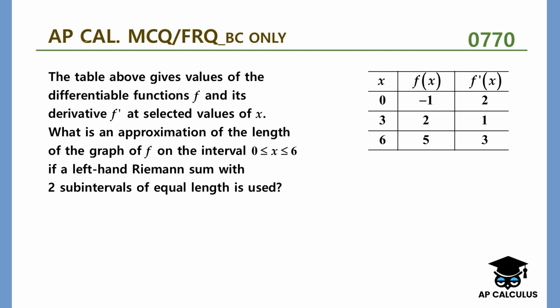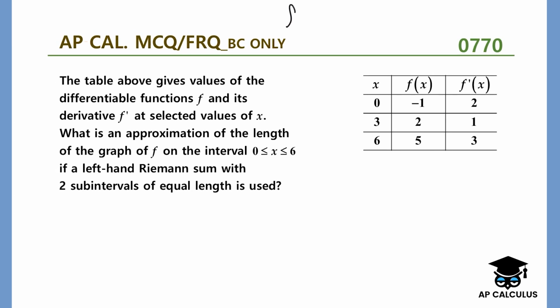We have already learned about left-hand Riemann sum. Let's say we are approximating this definite integral from 0 to 6 of f of x dx using left-hand Riemann sum. Then that's going to be equal to each subinterval 3 times the value on the left, right? The value of the function on the left, right?